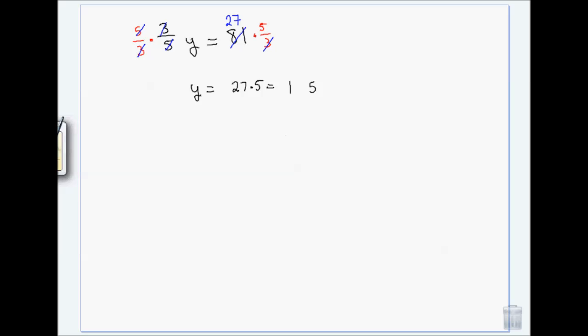No, 185. 135, sorry. So I divided by 3 and then multiplied by 5.